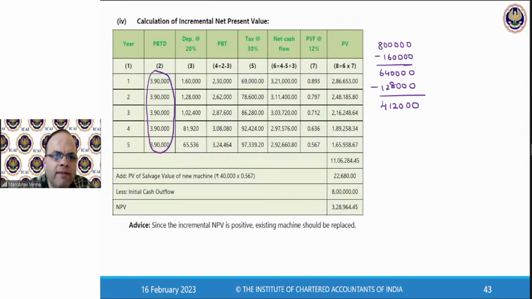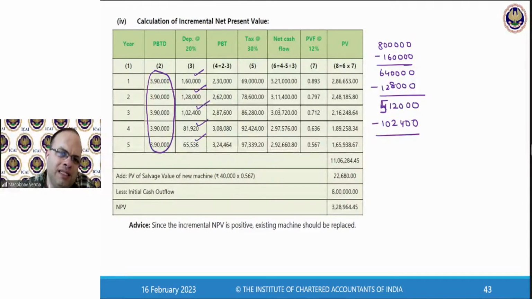I think it should be 5,12,000, right? Not 4 lakhs. So 5,12,000 into 20%, we're getting 1,02,400 and so on. So we calculate these WDV depreciation: 160, 128, 1,02,000, 81, 65, because we have to add back this depreciation later on, in terms of the tax sheet.